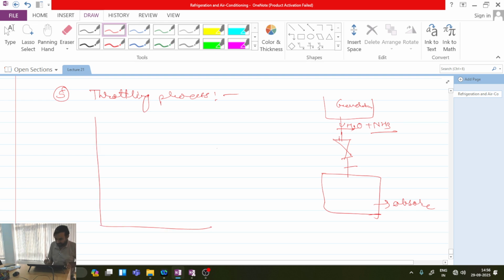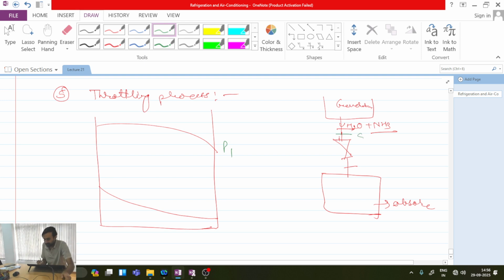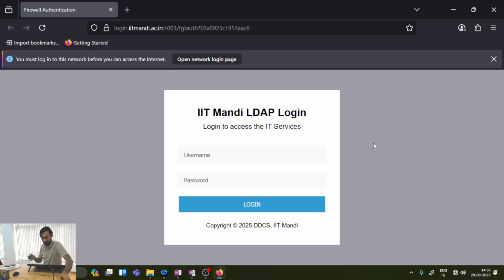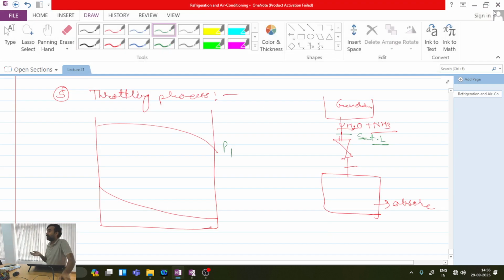So let me consider that this is my enthalpy composition diagram, at some pressure P1. First you tell me, at the inlet of the throttle I will have which saturated state? Saturated liquid. So I am on the saturated liquid state with some composition X1 having enthalpy H1.